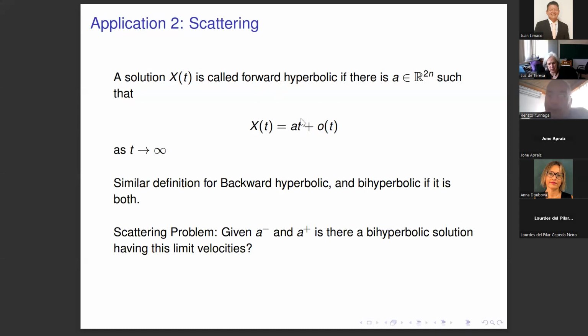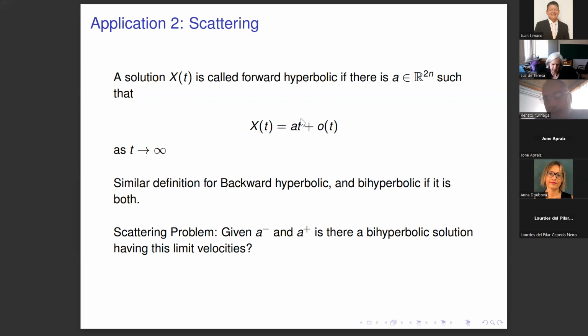So the scattering problem, in a very broad sense, is: given an A minus and an A plus, is there a bihyperbolic solution having these limit velocities?